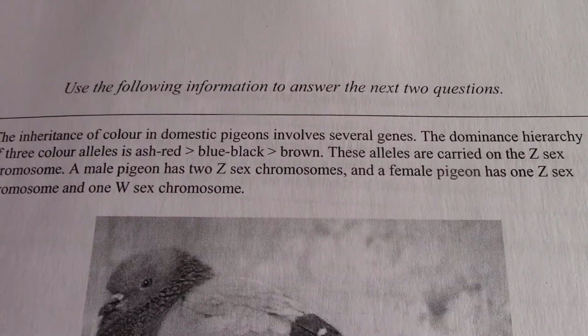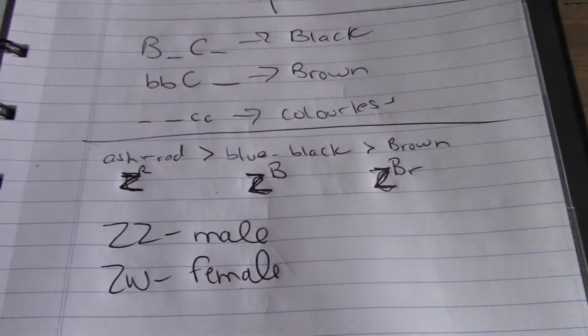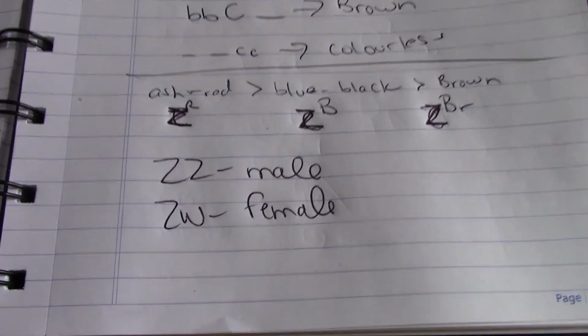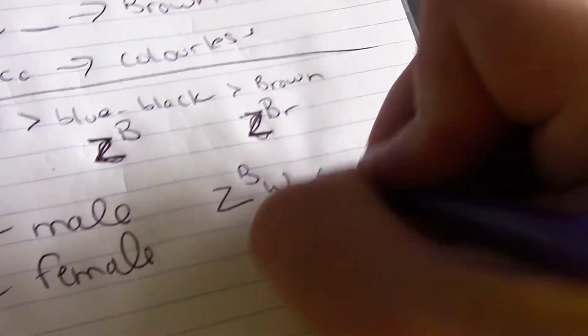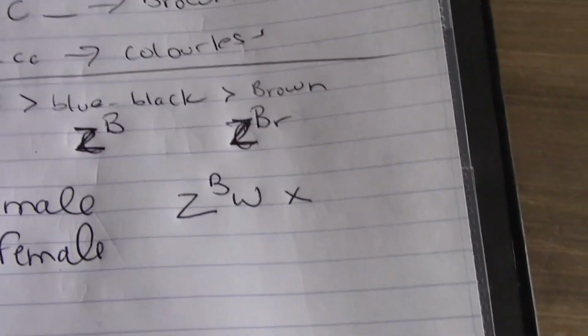Okay, and they are carried on the Z. So this would be ZR, ZB, and that would be ZBR. Okay, so what we have is a blue-black female pigeon. So this would be ZB W, that's female, and a brown male pigeon. This would be ZBR ZBR.